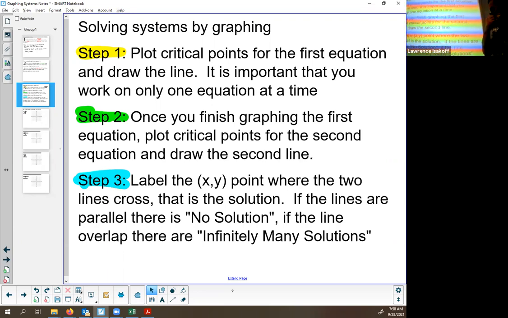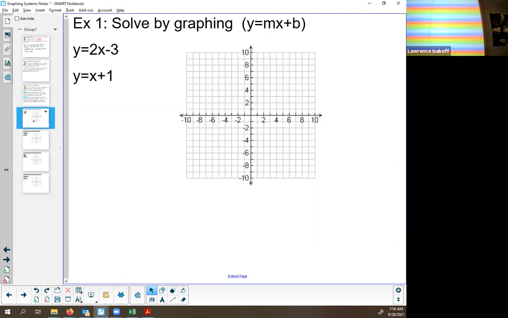Definitely when we use technology to our advantage. So I'm going to show you how to take advantage and make sure you have accurate graphing through Desmos and all that. So let's take a look at the first example.